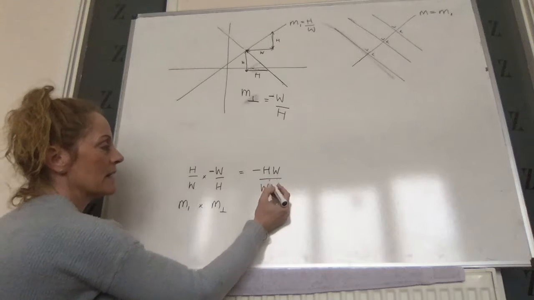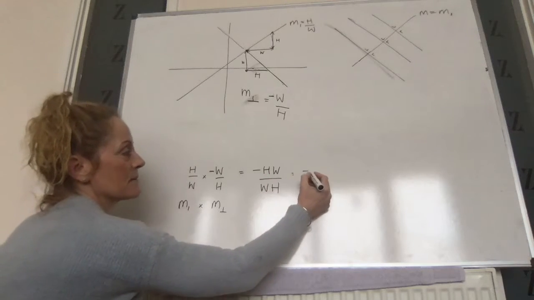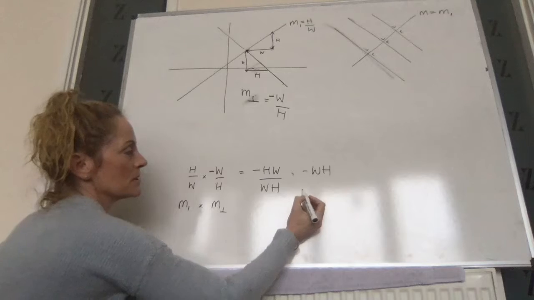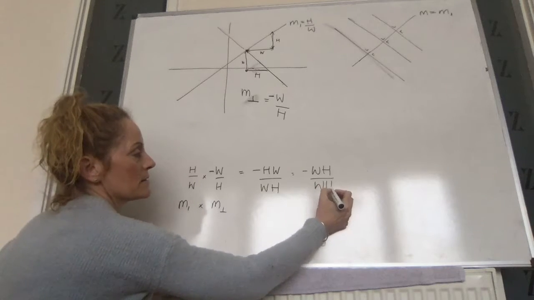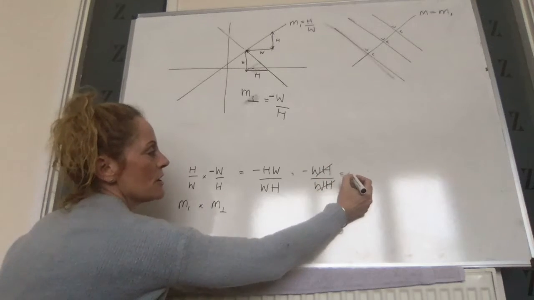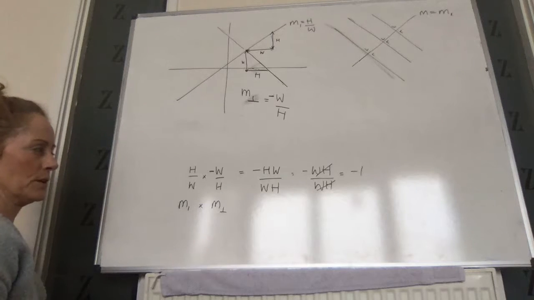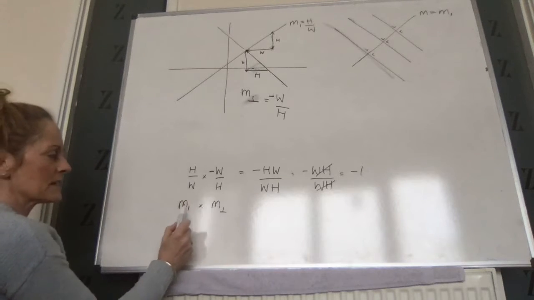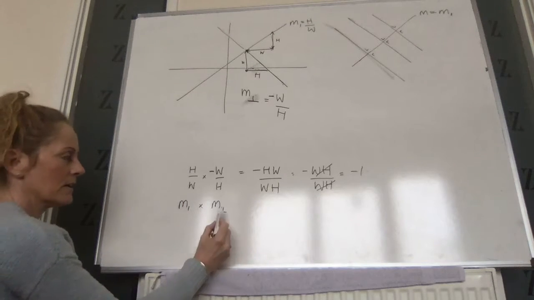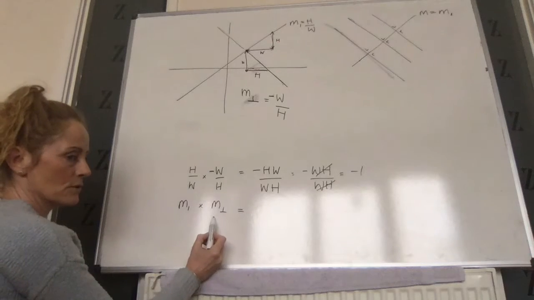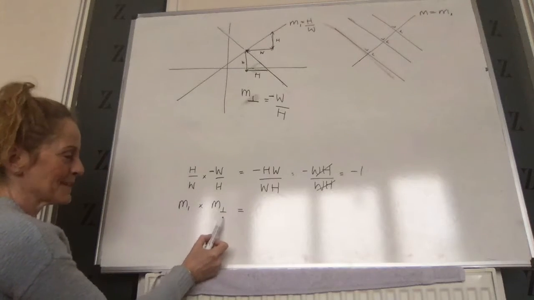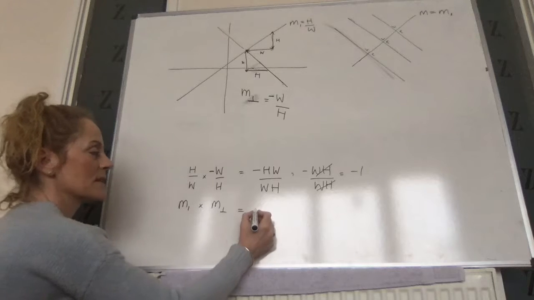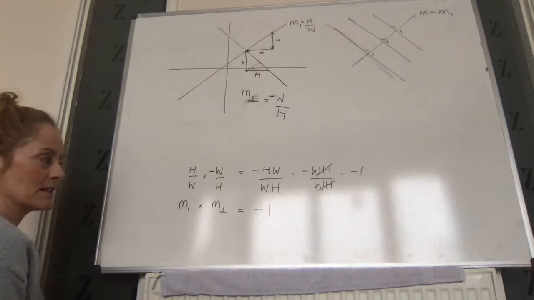Now we have hw is exactly the same as wh, remember? They're just multiplied. So we can divide by wh on top and on the bottom, and we get a minus 1. So the important thing is, when two lines are perpendicular, when you multiply the slopes, their slopes should multiply to give you minus 1.